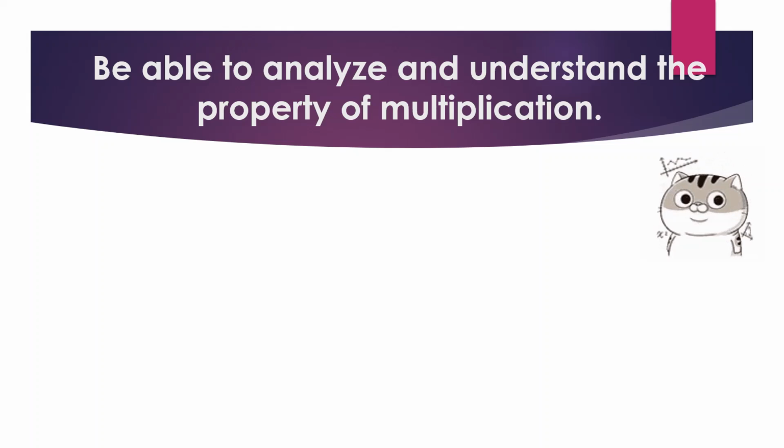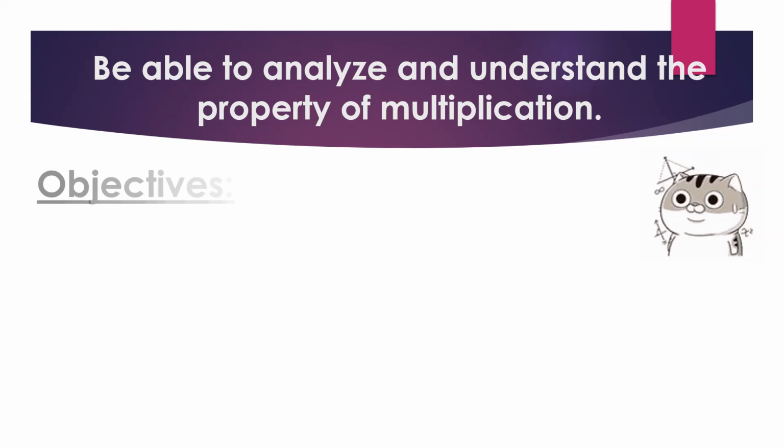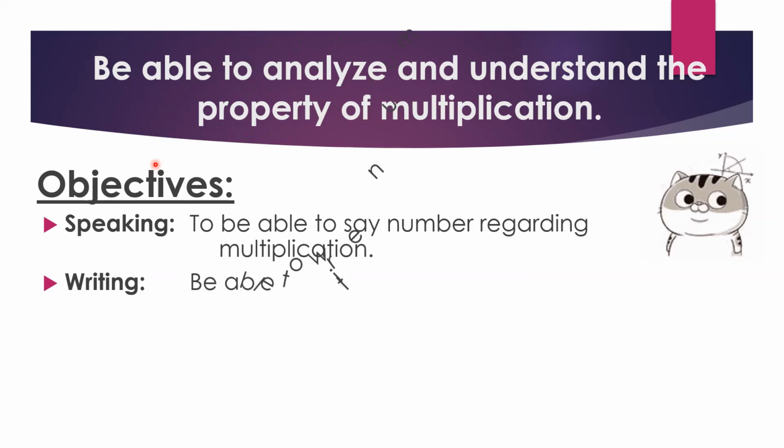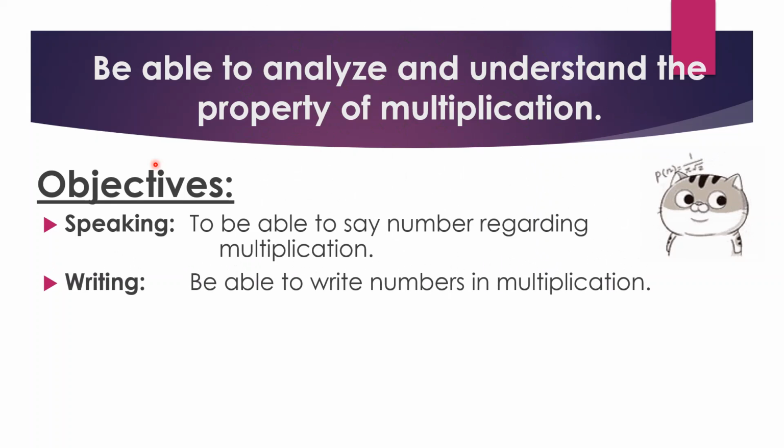Okay, our objective is to be able to analyze and understand the property of multiplication. Speaking: be able to say numbers regarding multiplication. Writing: be able to write numbers in multiplications.